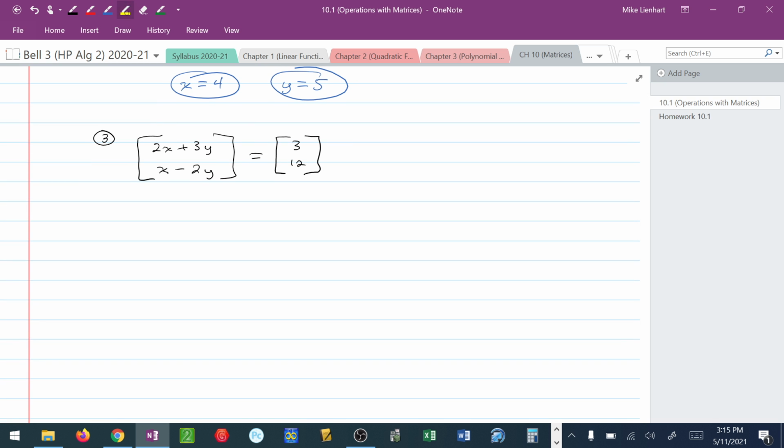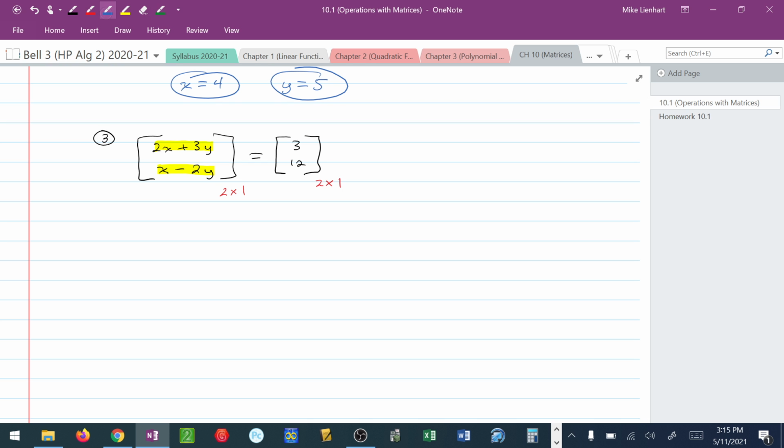Now, interestingly, this matrix, even though it looks like it has two pieces, it's still a 2 by 1 matrix. It's just we have an expression connected with addition and subtraction to create each of the elements. This will match up with this 2 by 1 matrix.